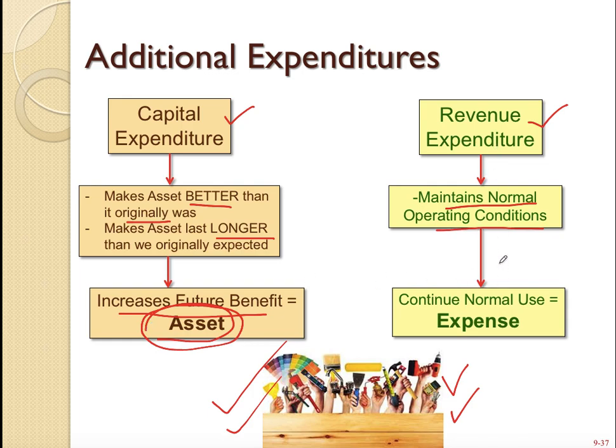For revenue expenditures, if you thought you were going to use it for 5 years, to keep it running for 5 years you've got to have regular maintenance on it, but it's not going to make it last 10 years. Those kinds of things, like normal oil changes, are just to continue normal use. So we record those as an expense. We're going to talk about those some more in class, but I just wanted to get that explanation out there to you guys.